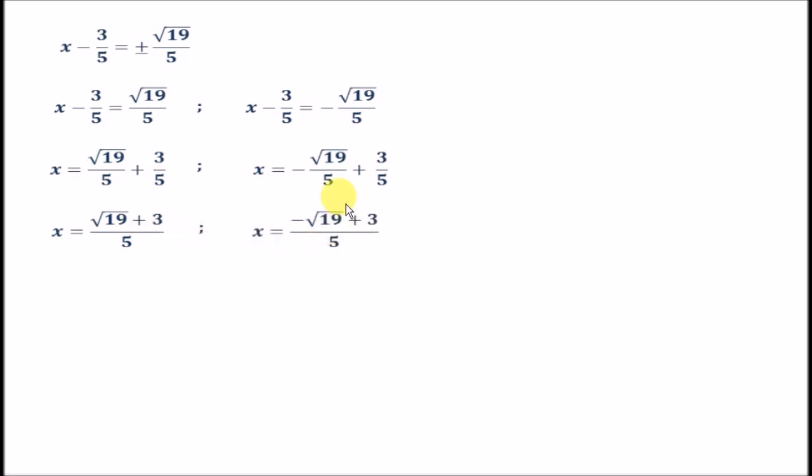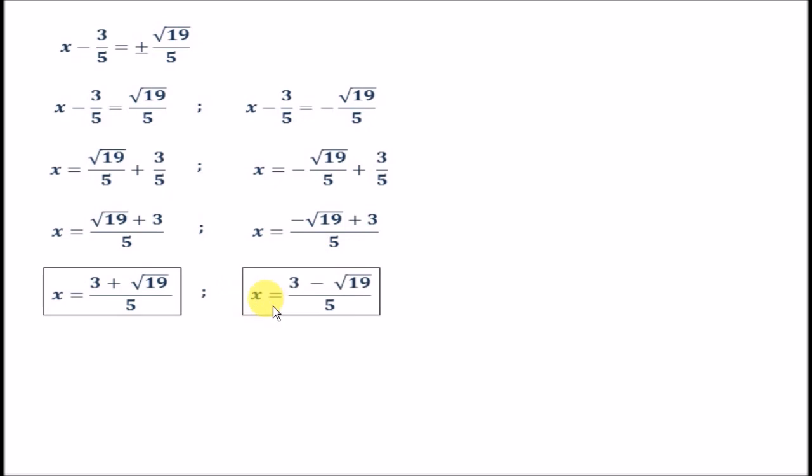On the other side as well, the common denominator will be 5, and we will get −√19 + 3 in the numerator. Further simplifying or simply shifting the terms, we will get x = (3 + √19)/5 as our first root, and x = (3 − √19)/5 as the other root.